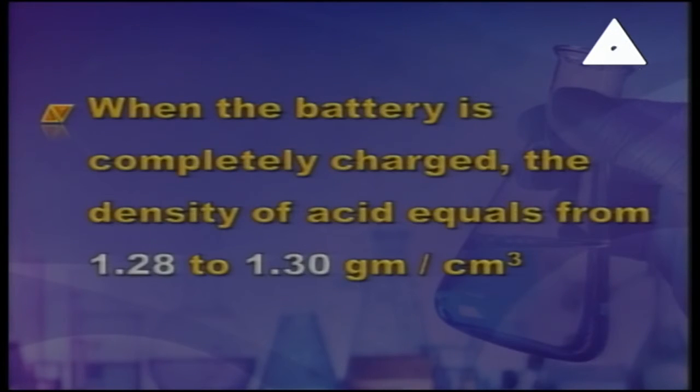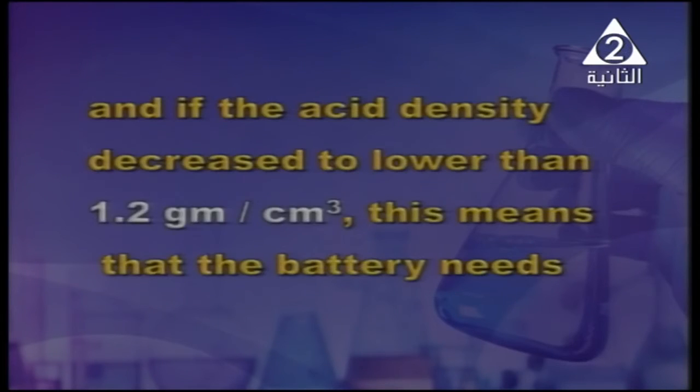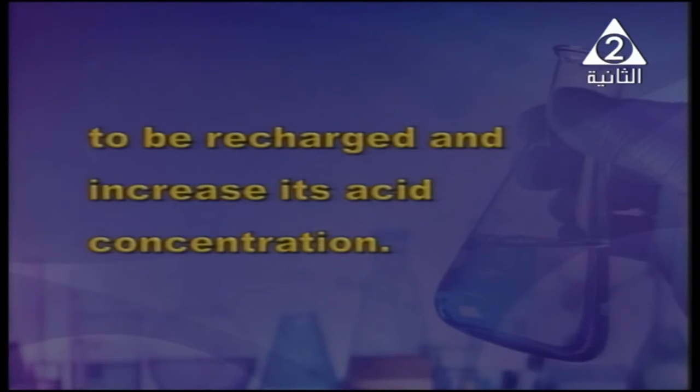When the battery is completely charged, the density of acid equals from 1.28 to 1.30 gram per cubic centimeter. And if the acid density decreased to lower than 1.2 gram per cubic centimeter, this means that the battery needs to be recharged and increase its acid concentration.